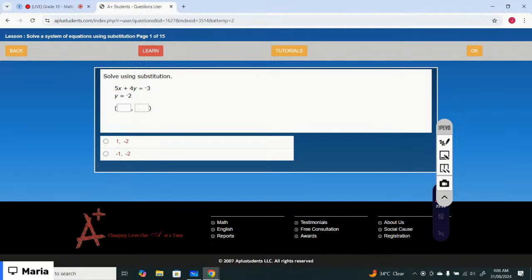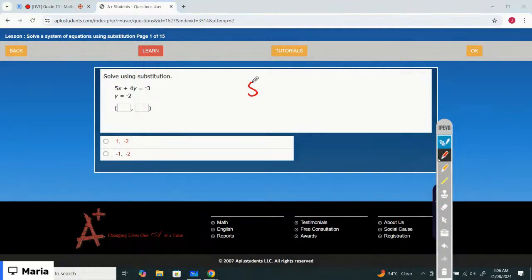So you need to isolate the variable, right? One of the variables is already isolated. You have y equals -2, right? Simply substitute the value in the first equation. 5x plus 4 times -2 equals -3, right? So you have 5x minus 8 equals minus 3.